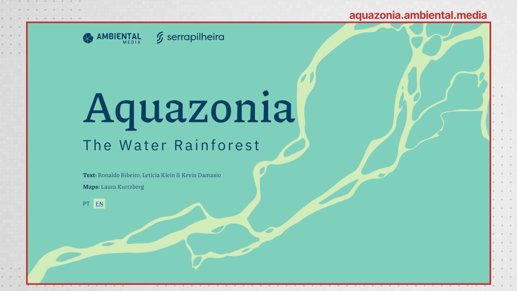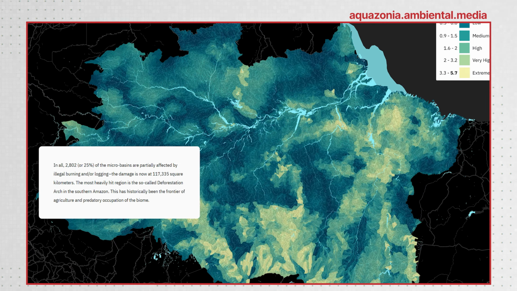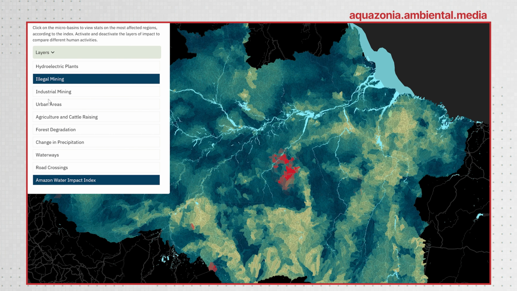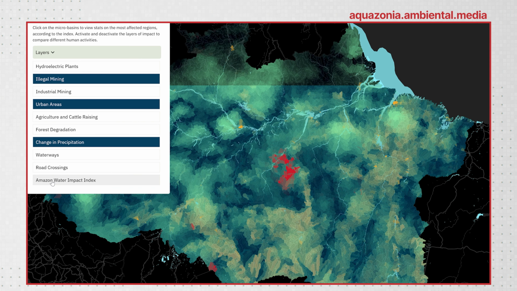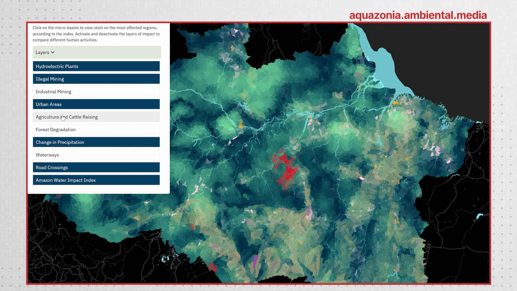One of my favorite stories to mention, it's from a few years ago now, so it's not that current, is the story Aquazonia, which is a story about the freshwater ecosystem of the Amazon rainforest. In Aquazonia, we use satellite images to detect the areas that have been impacted by different human factors, like deforestation, degradation, building roads, urbanization, aquaculture, agriculture, and more.